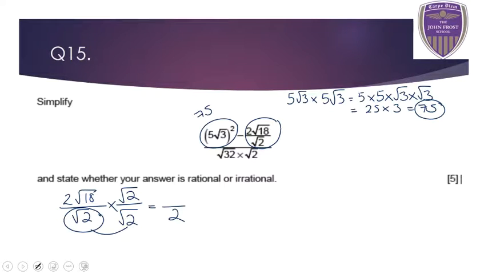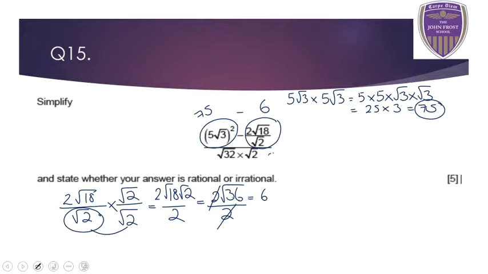And on the top, you'll end up with 2 root 18 root 2, which is equal to 2 root 36. And because the square root of 36 is 6, and the 2's cancel out, the answer to that is going to be 6. So just to recap, the 2's will cancel out. The root 18 root 2 is root 36, so that's going to give me 6. So that's 6 there with the minus in between.